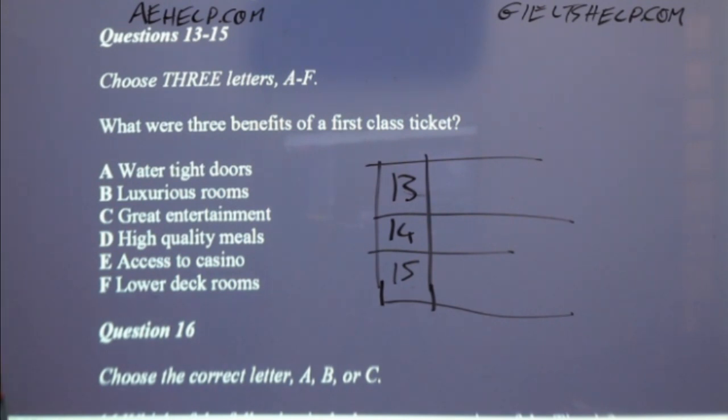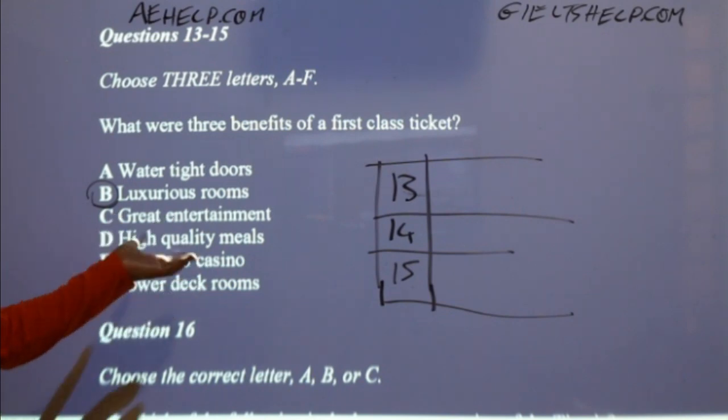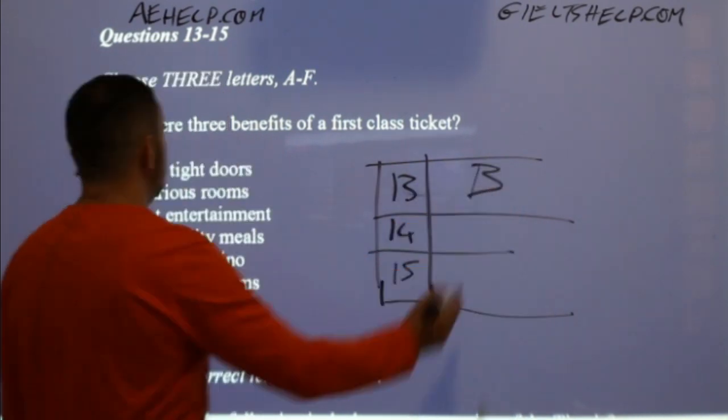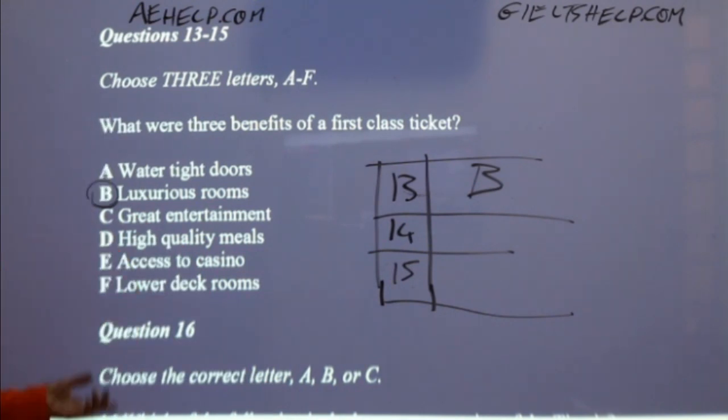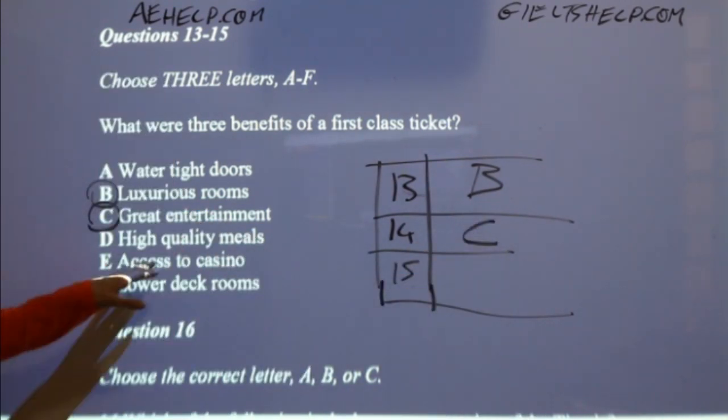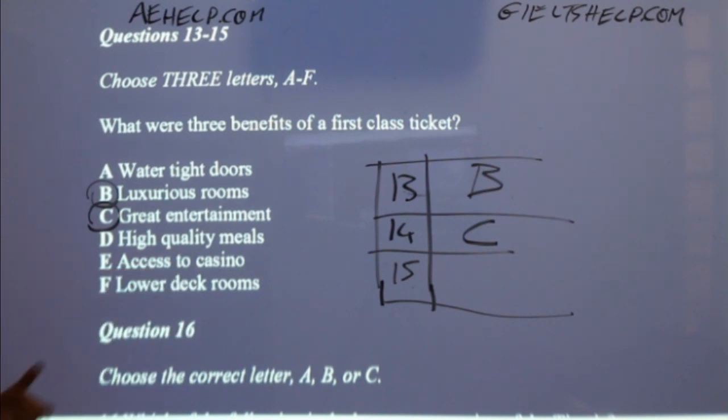So one was luxurious rooms. That makes sense. I mean, if you're paying a lot of money at a hotel or on a cruise ship, you're going to get a luxurious room. So B was definitely said. The finest entertainment money can buy. C, definitely. High quality meals. Yeah, it says some fine restaurants.